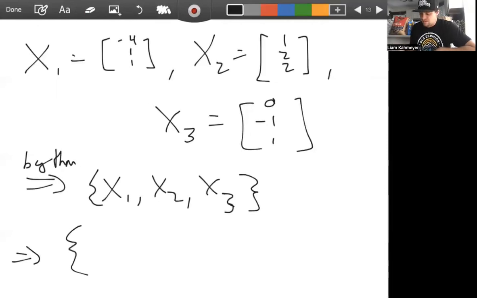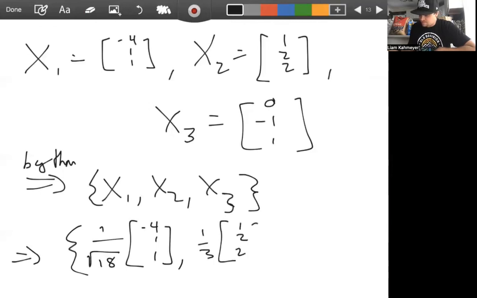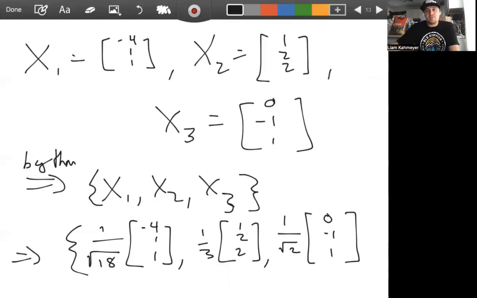And if you do this, you get 1 over root 18 times x1, 1/3 times x2, and 1 over root 2 times x3. And you can see if you take the dot product of any pair of these vectors, you get 0. If you take the dot product of any of these vectors with itself, you get 1.